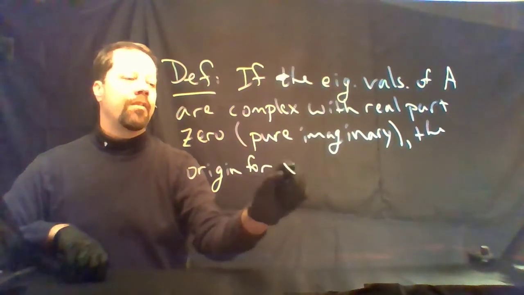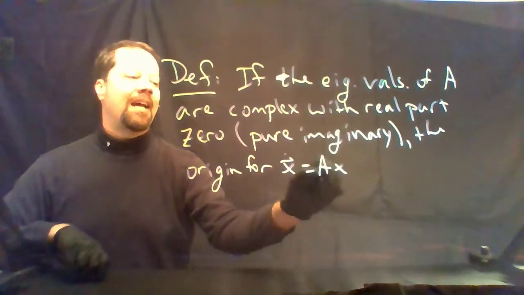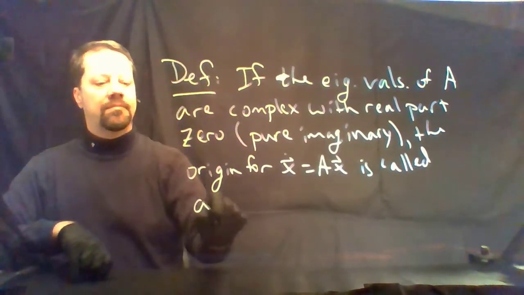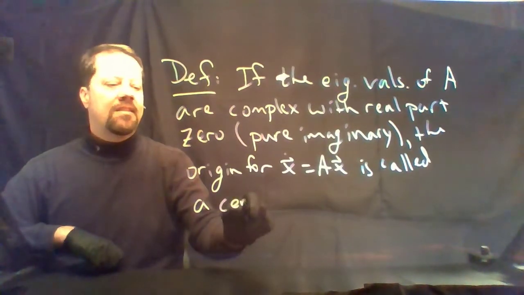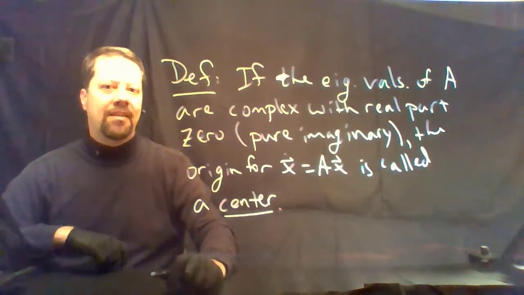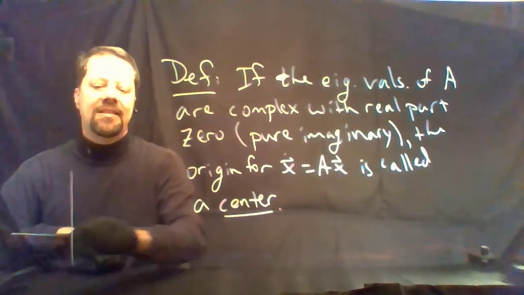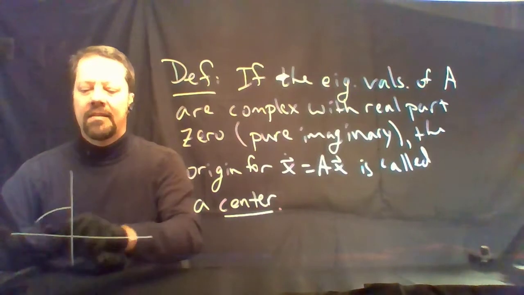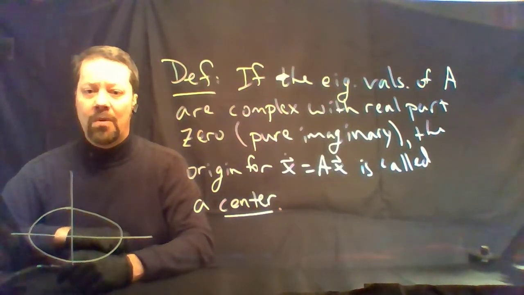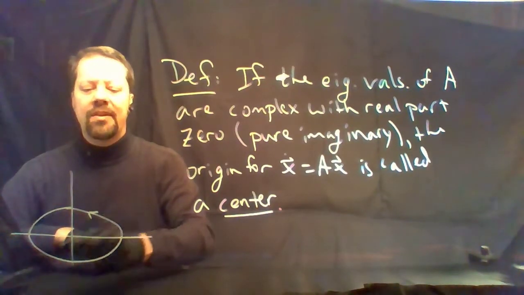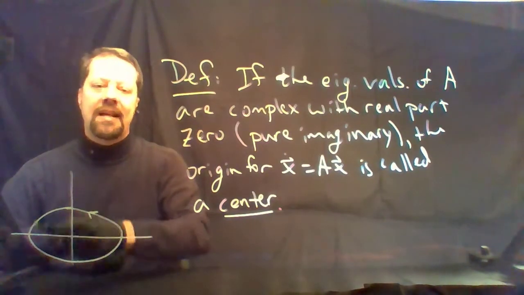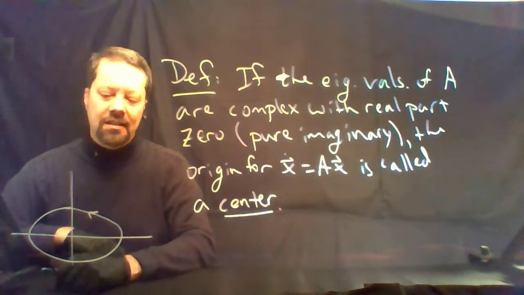The origin for the differential equation x dot equals Ax is called a center. If you think back on the form of complex solutions in this case, solutions can't exponentially grow or decay away from or towards the origin, and so all they can do is oscillate, and they'll follow little cycles around the origin in these little closed loops.